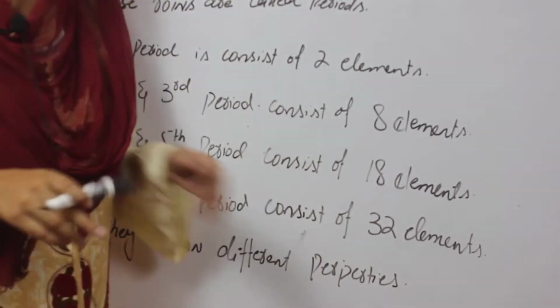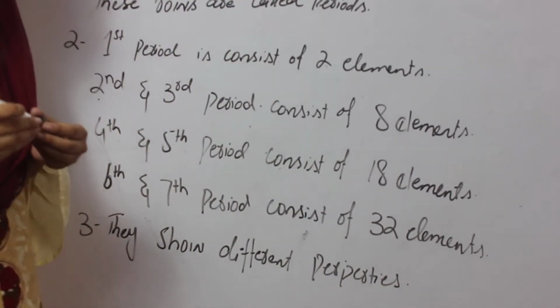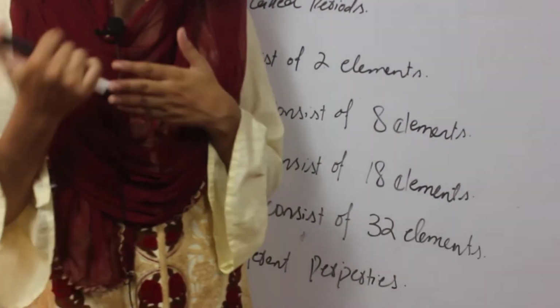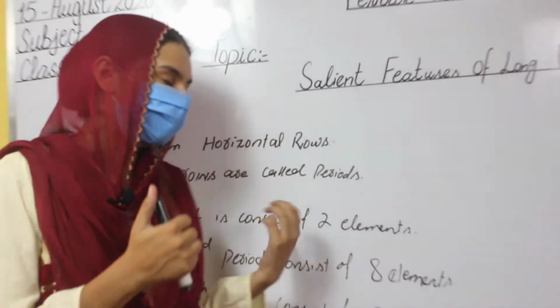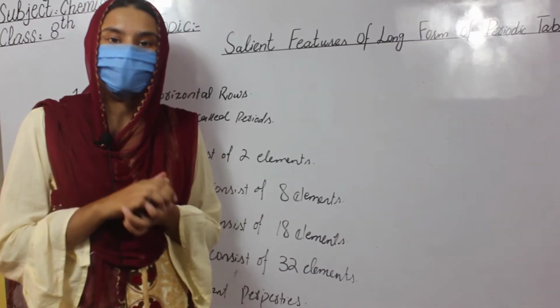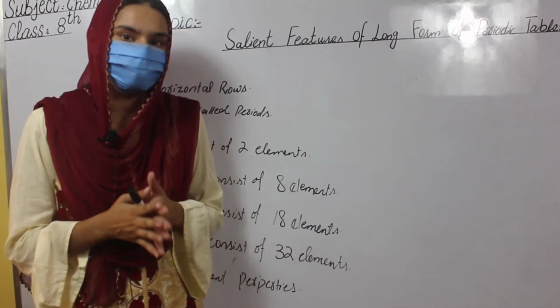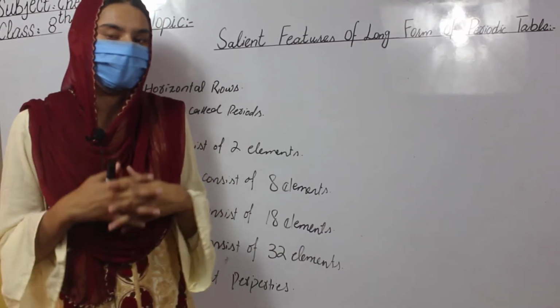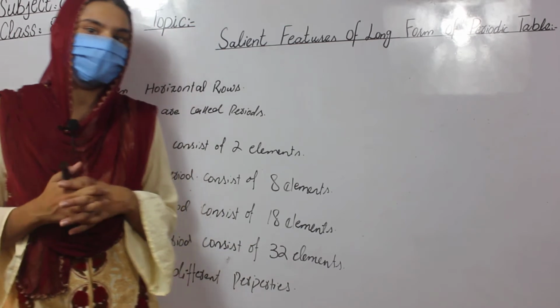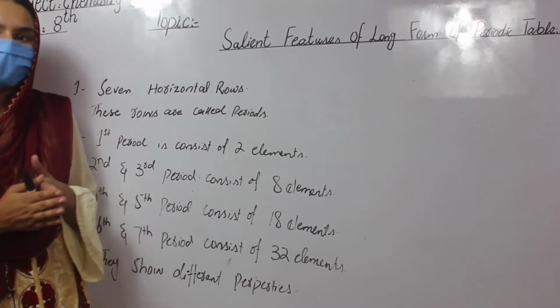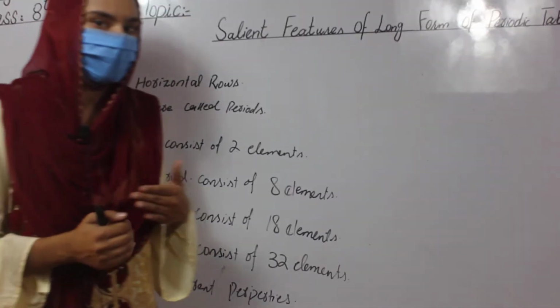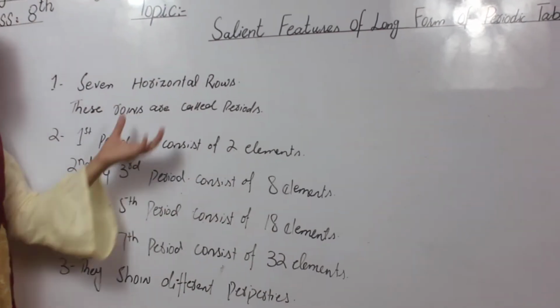The reason is that all elements have different atomic numbers. In the periods, the atomic number regularly increases. That's why their electronic configuration and their chemical and physical properties change regularly, element by element. These are all about the periods.